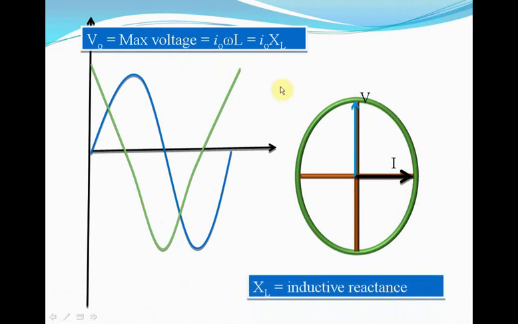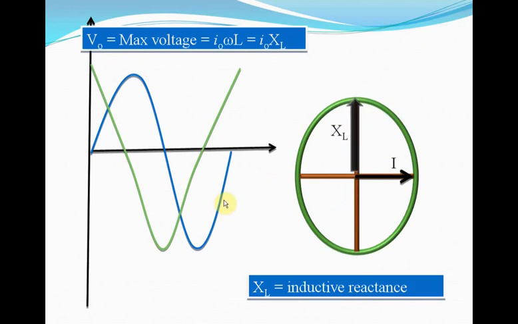Understood? So, the equivalent of resistance in case of a capacitor is capacitive reactance. For an inductor, the resisting factor is called inductive reactance, isn't it? And Vrms will be Irms into XL. Similarly, V0 will be I naught into omega L.